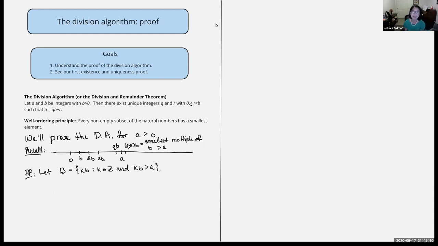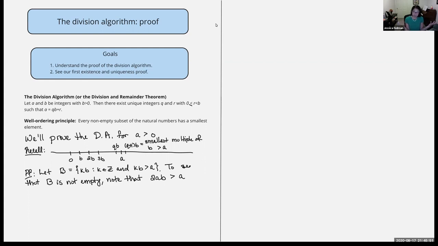Okay, I want to apply the well-ordering principle to this set in a minute, but first I need to know that this set is non-empty. So to see that capital B is not empty, note that 2AB is definitely greater than A. So A is positive, so 2A is greater than A, and 2A times B is greater than that.